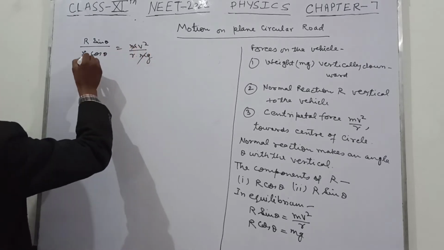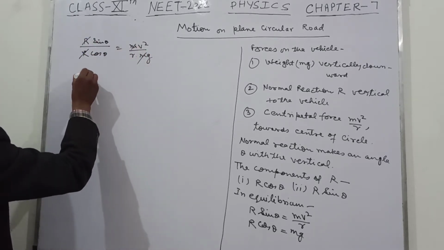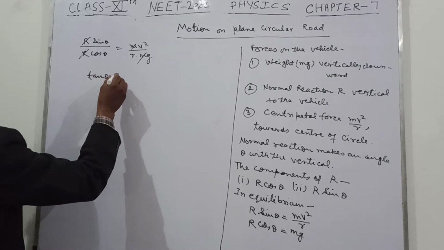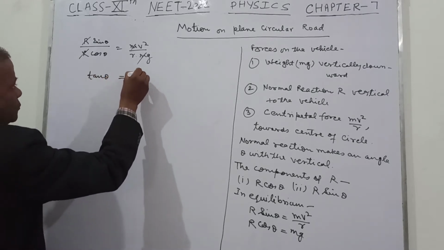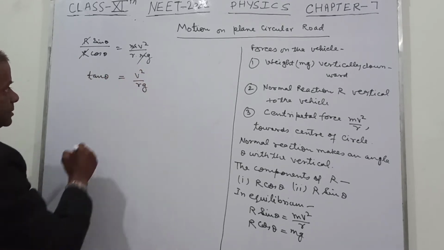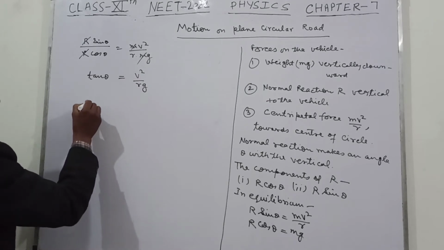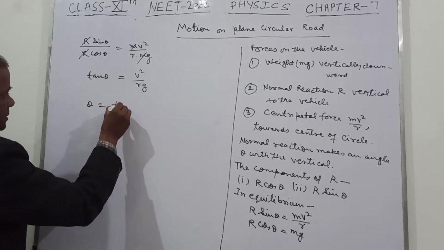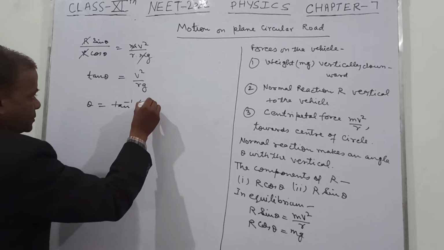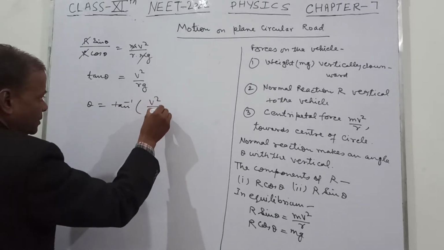Here m and m cancel, and R and R cancel. So tan theta equals v square upon rg. This means theta equals tan inverse of v square upon rg.